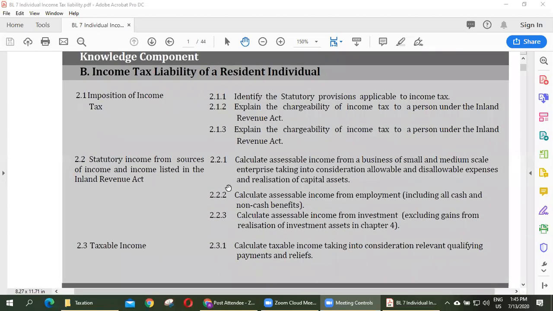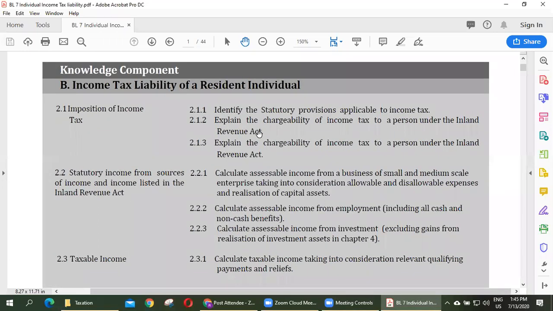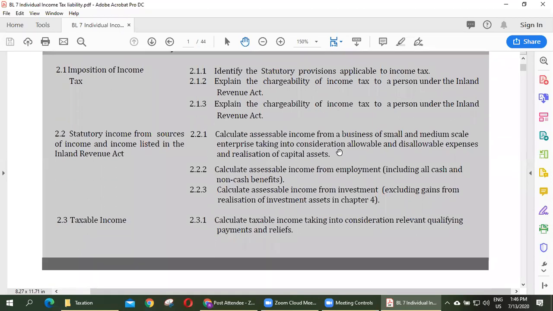And yeah, in this chapter, we will focus on the imposition of tax. Identify the statutory provisions applicable to income tax and explain the chargeability of income tax to a person under the Inland Revenue Act, right?